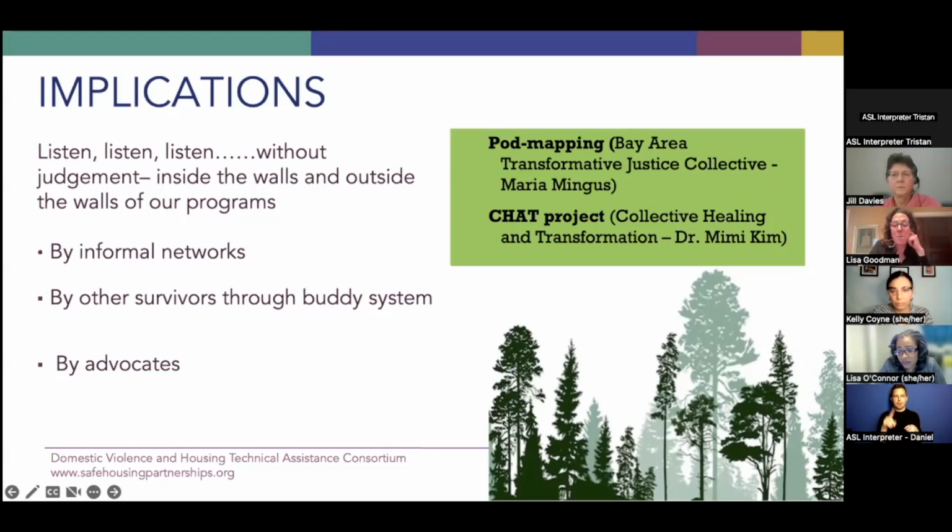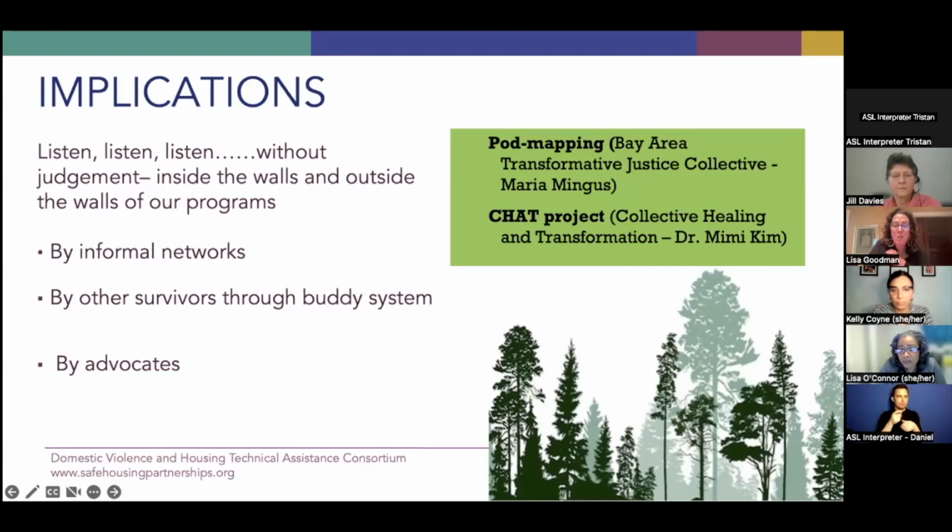In their model, a pod is a set of people you can turn to for support in the face of violent, harmful, or abusive experiences, whether as survivors, bystanders, or people who have harmed. And Mingus has a pod mapping worksheet so that survivors can think in advance about who should be in their pod and who they can trust in moments of danger.